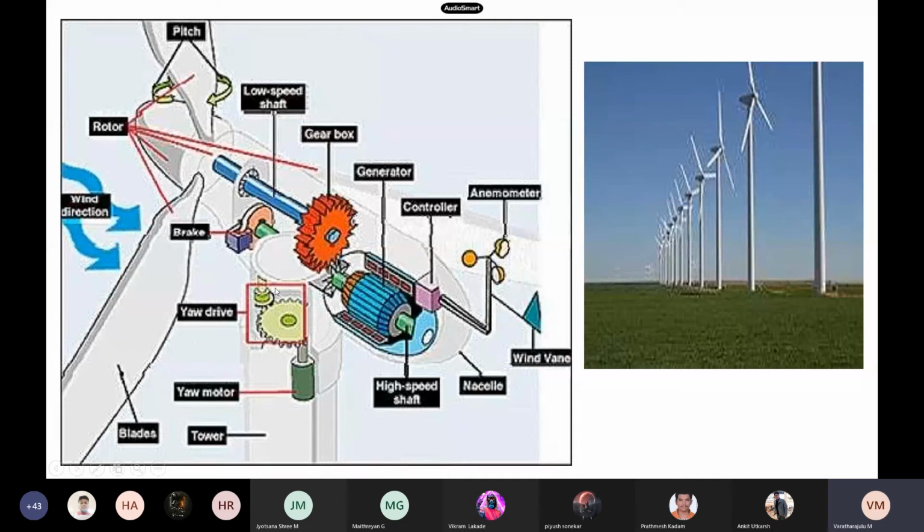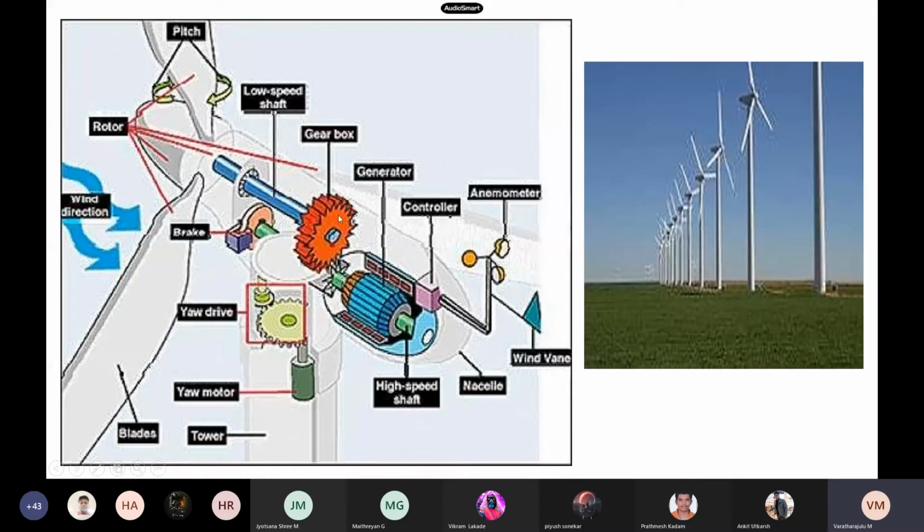We have the generator and the controller, and the gearbox. The wind turbine blades are connected with the shafts, and these shafts are connected to the gearbox. In order to amplify the rotation, we have gears, and the power is transferred from the larger gear to the smaller gear, so that the RPM is increased.